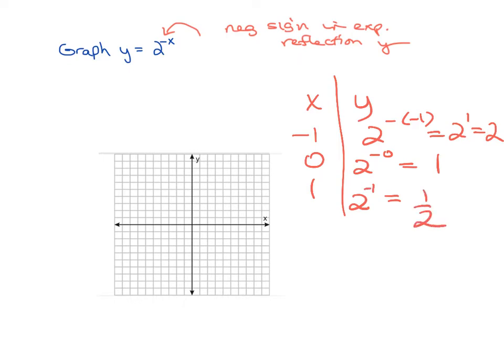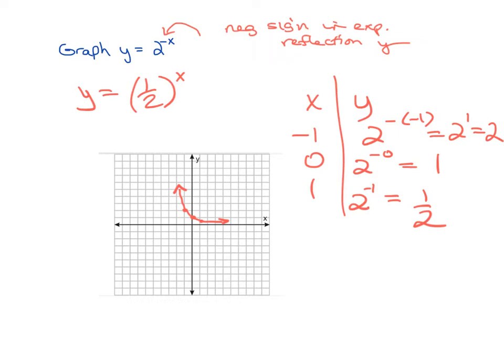So now I can take these 3 ordered pairs and graph them. And you're going to see it's the exact same graph as y equals 1/2 to the x power. So let's go ahead and graph these. -1, 2, 0, 1, and 1, 1/2. If the exponent has a negative sign, that's going to indicate that it'll be a reflection across y.